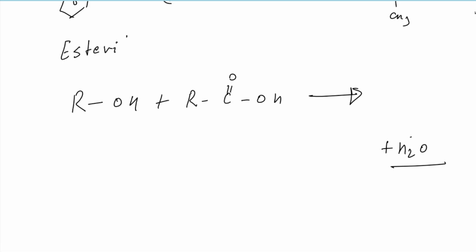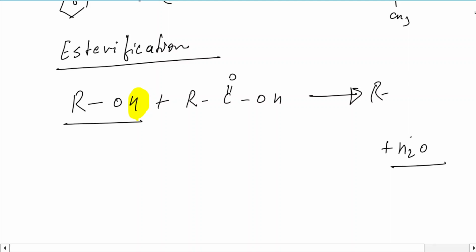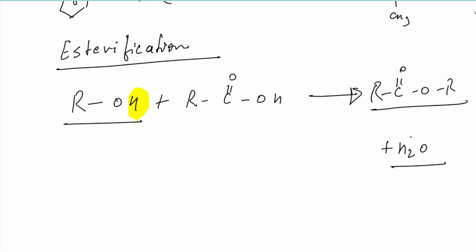And the important thing is the alcohol is releasing its H plus ion to form H2O. And OH comes from the acid. The product formed is ester only, RC double bond OR. So here OH comes from acid and H comes from alcohol. This we have to remember.